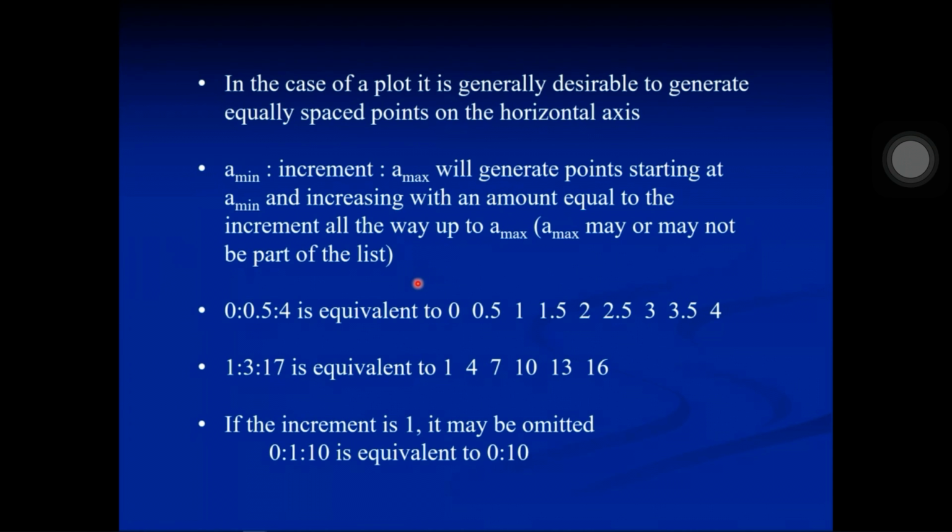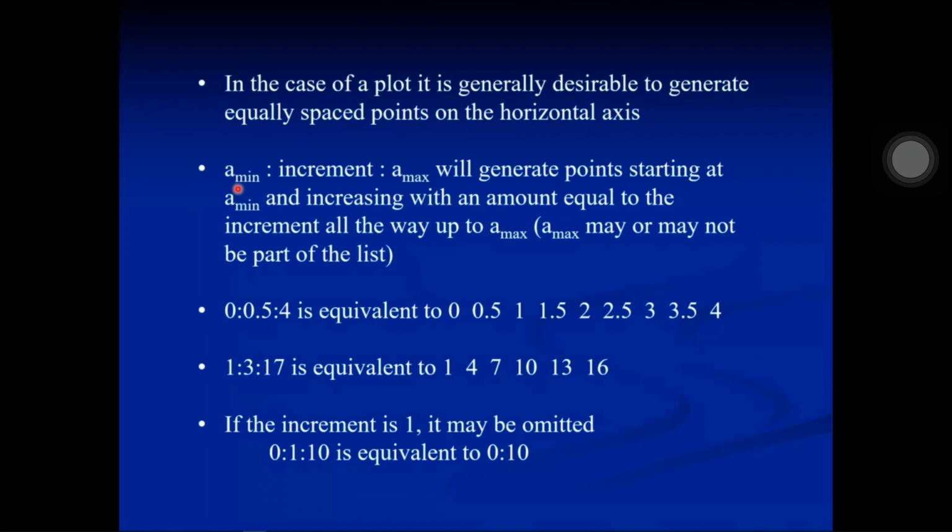So MATLAB has provided us with a way when consecutive points are all separated by the same amount, by the same increment. Like 0.1, 0.2, 0.3. It's always 0.1 in between. Therefore, we provide them through this arrangement.